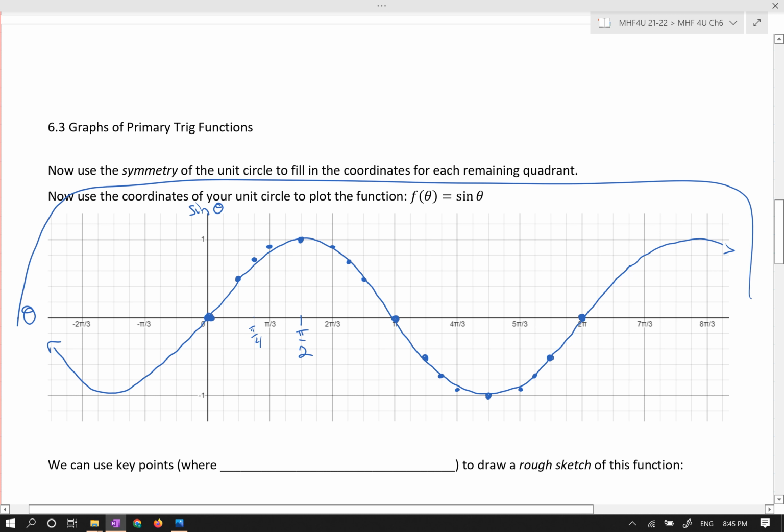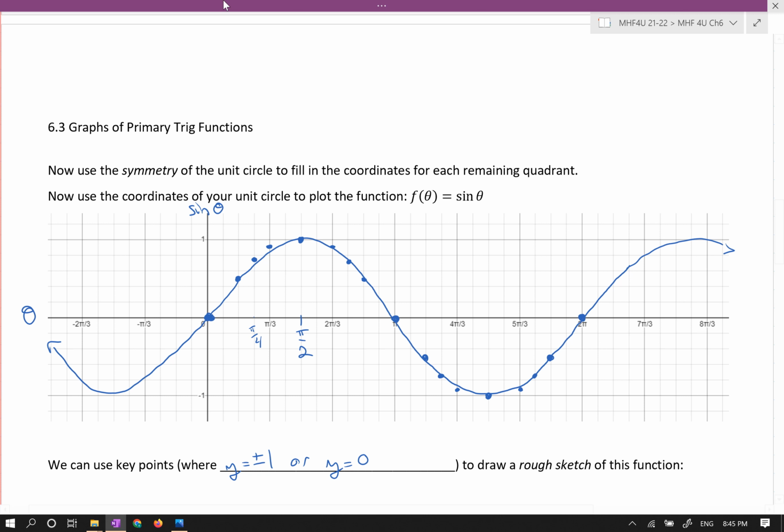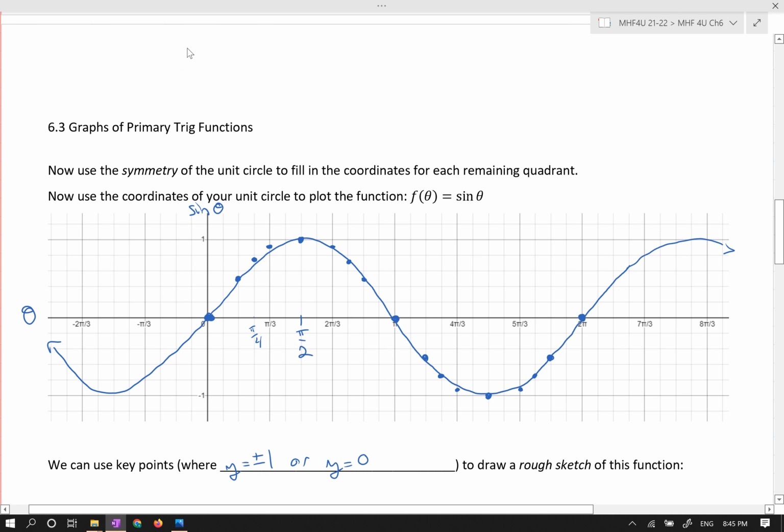This is our sine function. This is our sine function plotted using radians. Now, we can use 5 key points if we would like. We can call them anchor points. And these anchor points we can use where y is equal to plus or minus 1, or where y is equal to 0, just to come up with a nice rough sketch of this function.